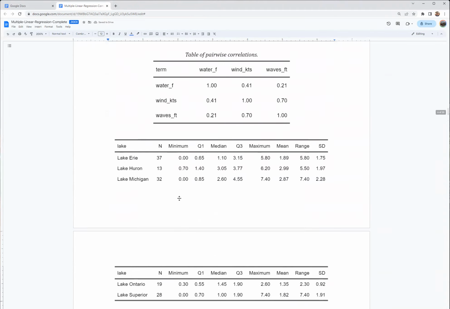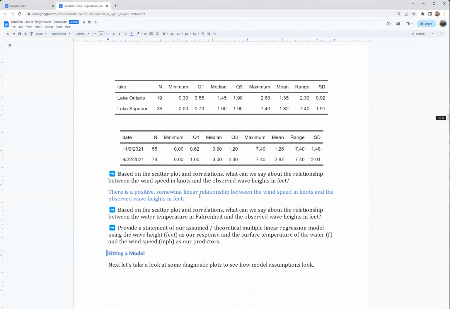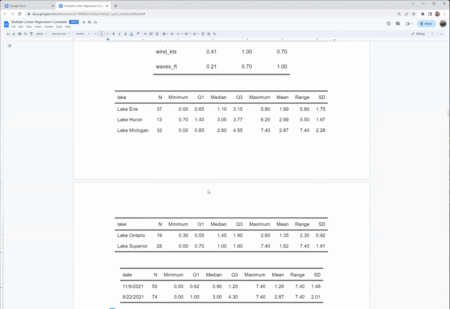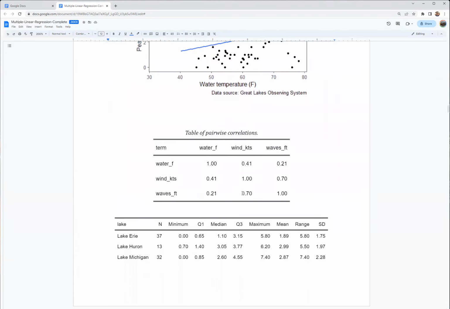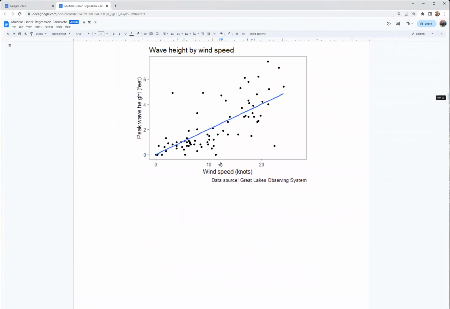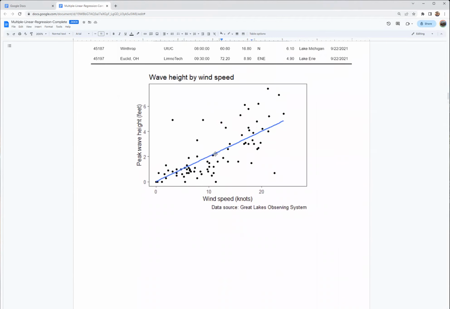We could tell that because the correlation between wind speed and wave heights was positive 0.7, and because the scatter plot had this upward straight line trend mostly.